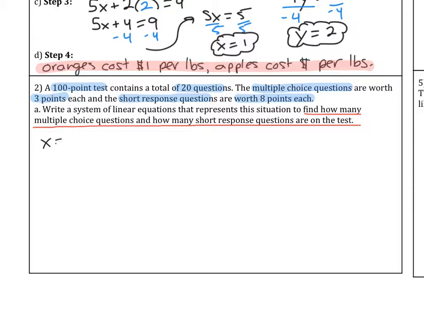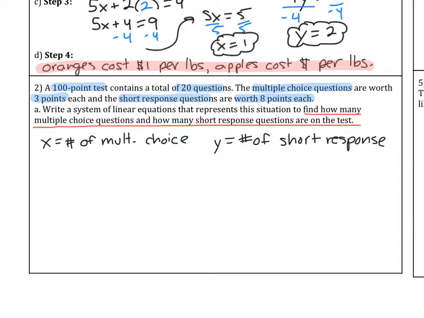So we'll say x equals number of multiple choice. And they also ask, how many short response questions are there? So we say y equals number of short response.